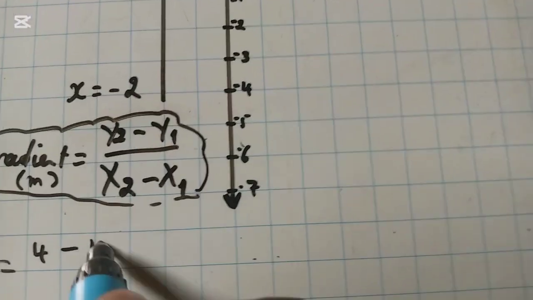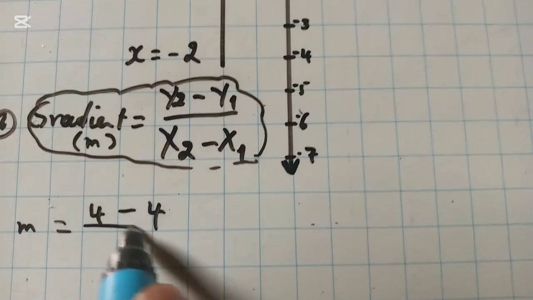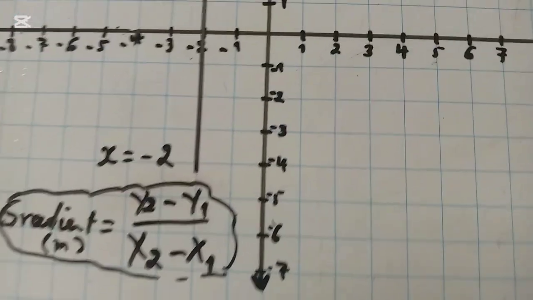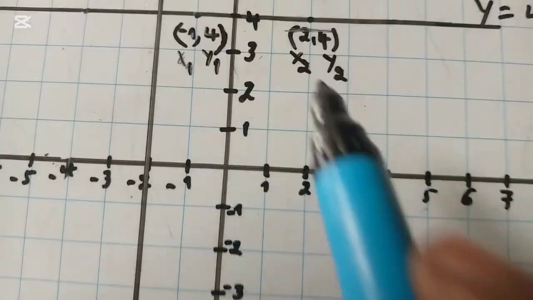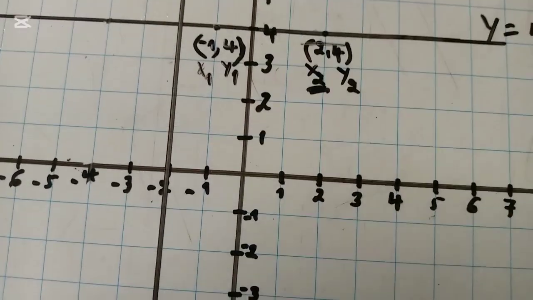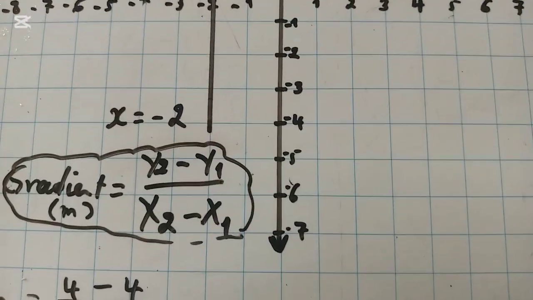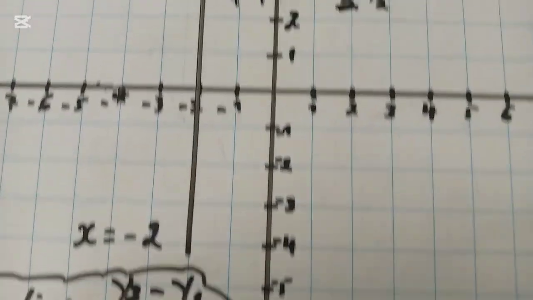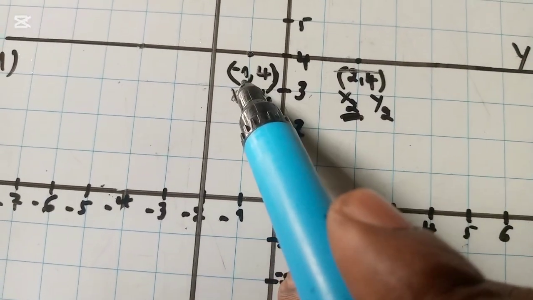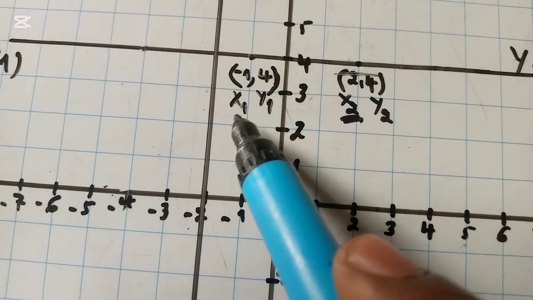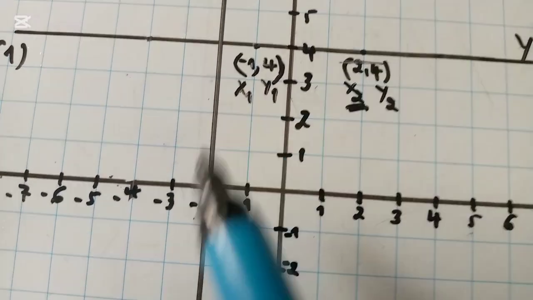Then divided by x2, which is now 2, minus x1, which is negative 1.